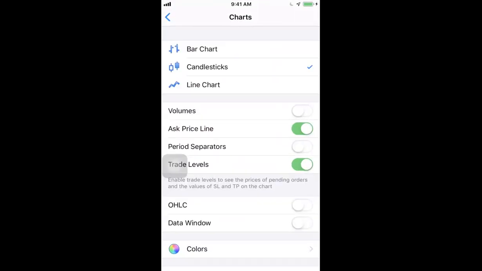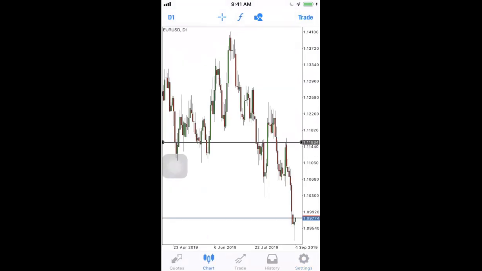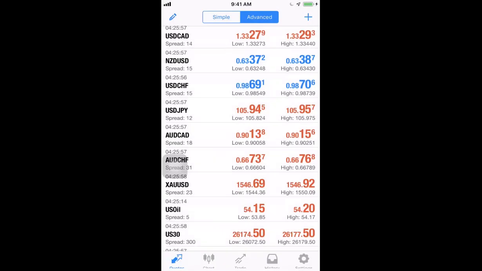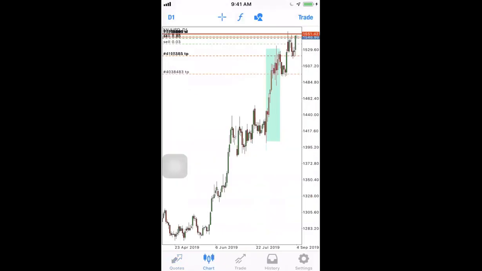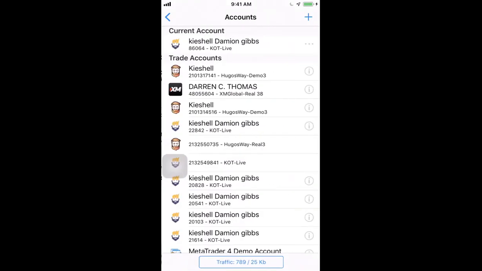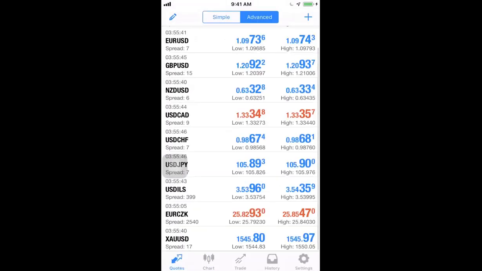So you hop on your MT4, right? I should probably use the Mac for this.